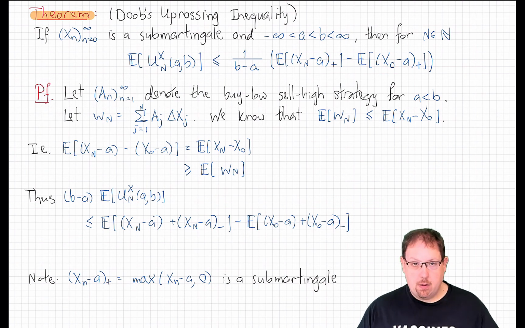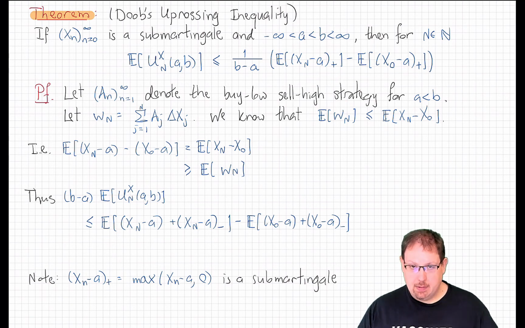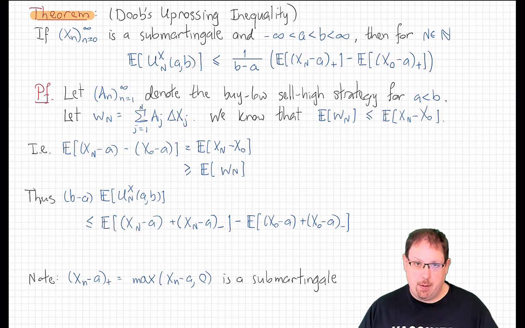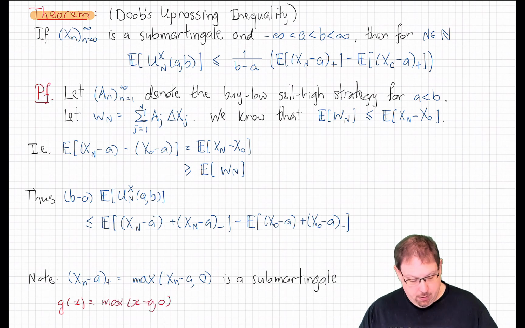Now, just looking at that, you might wonder, is that even a non-negative number? Couldn't that be negative? In that case, we'd have a real problem here, since this is a non-negative integer-valued random variable. Well, I just want you to note that, in fact, since Xn is a submartingale, so is Xn minus a, and then the positive part of that, which is the maximum of Xn minus a and 0, is also a submartingale, because the function g of x being the maximum of x minus a and 0 is a convex function that is also increasing.